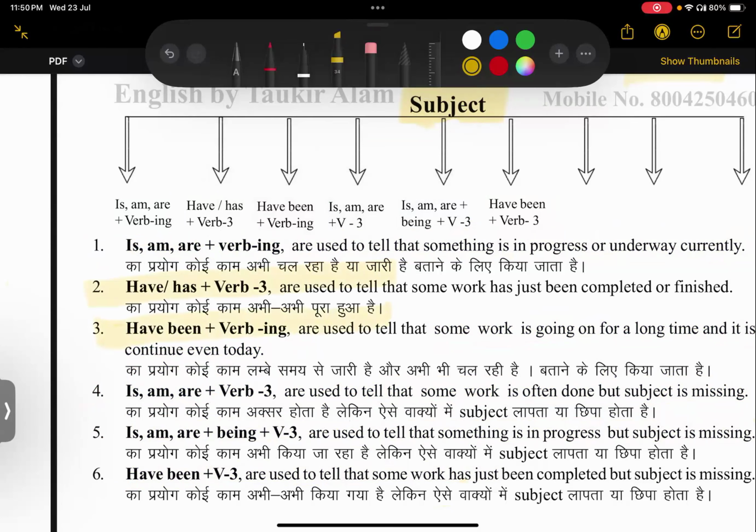First, you revise this structure so that you may not have any confusion. And when I teach you this structure, then you feel free and you can get it very easily. So, dear student, you have 30 seconds. Think about this structure and also have been plus ing form.